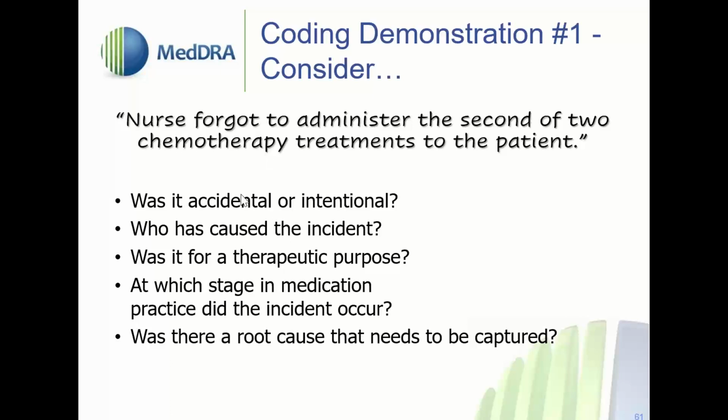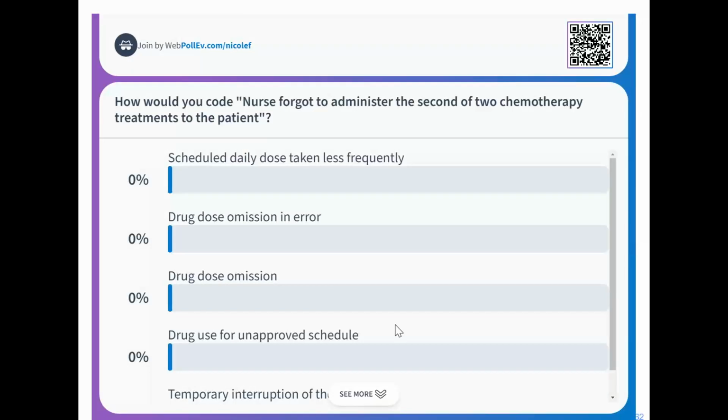And was it in the framework of the therapeutic use of the product? I'd say, yeah, it was, right? We also know the stage where the error occurred, but no root cause was provided. So we have all those checked except the last one. And with that being said, how would you code nurse forgot to administer the second of 2 chemotherapy treatments to the patient?